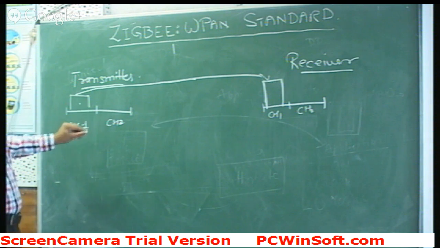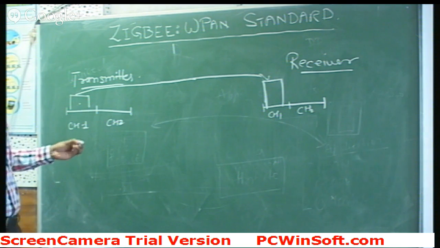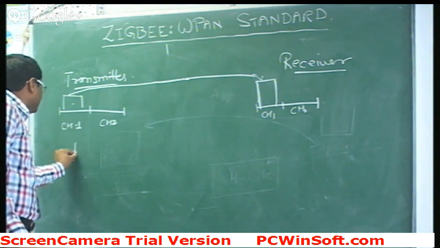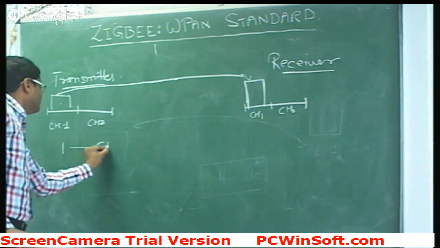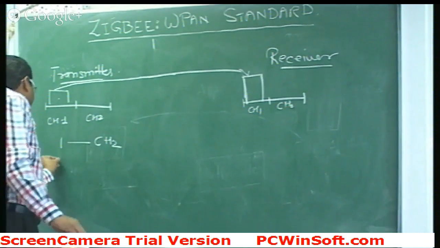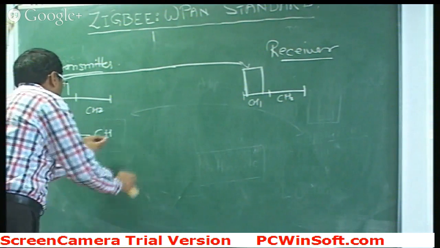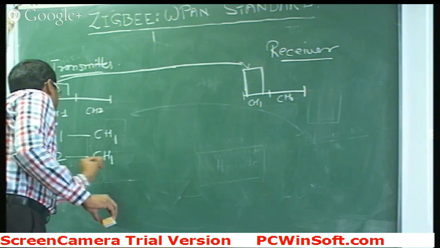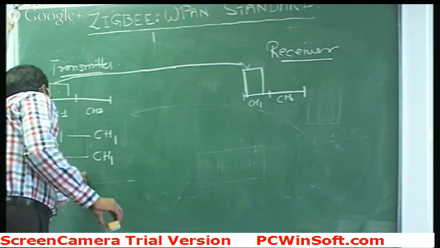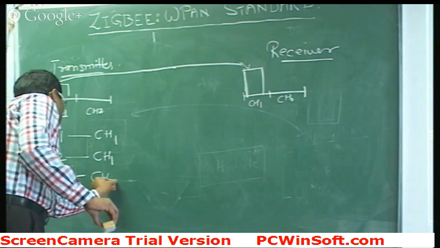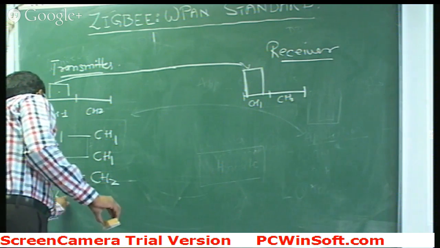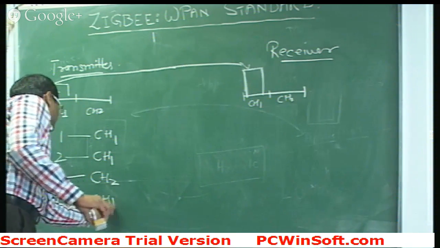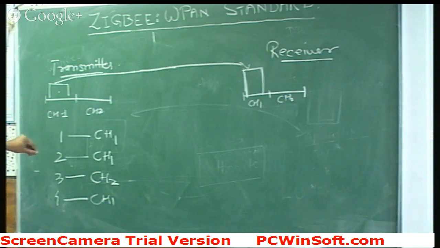Suppose I develop an algorithm that the first signal I will send over channel 1, second signal also over channel 1, third signal over channel 2, fourth signal over channel 5. You have 79 such channels.